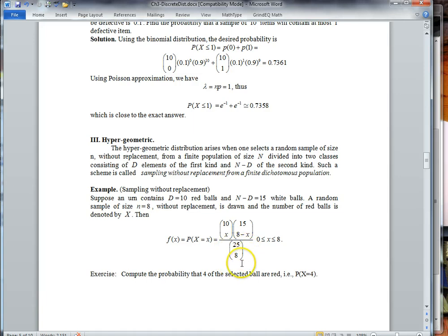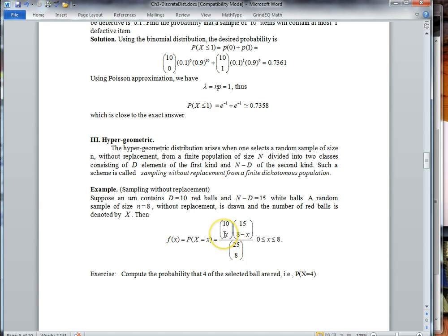And now I want the event in which 4 of the balls selected are red. So how can I get 4 balls? Well, I have 10 in the box that are red, and in how many ways can I get, say, 4 of them, or x of them? Think about 4, because that's my example here.